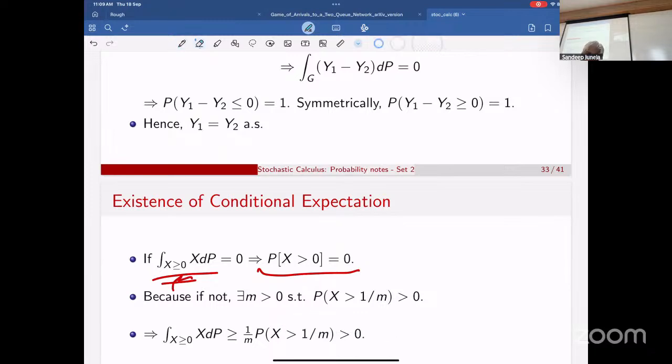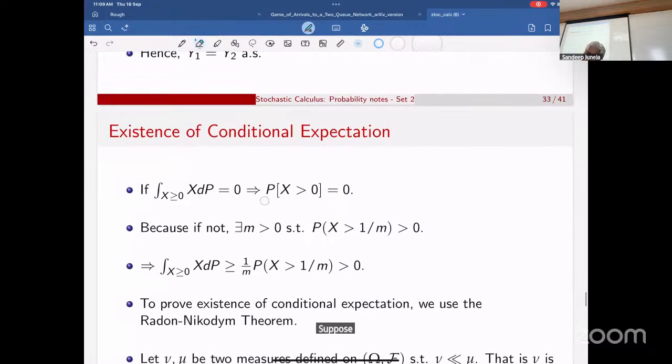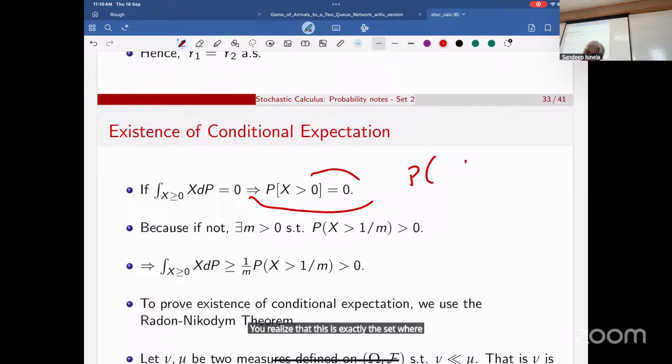Okay, so just to see this more cleanly, suppose this is not true. You realize that this is exactly the set x greater than 1 by m, union over m.